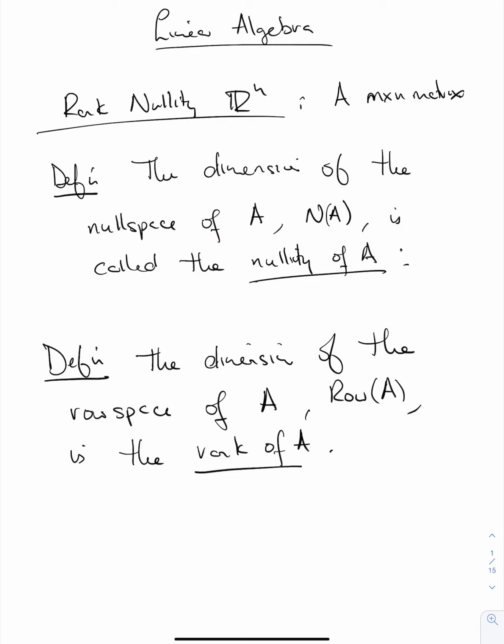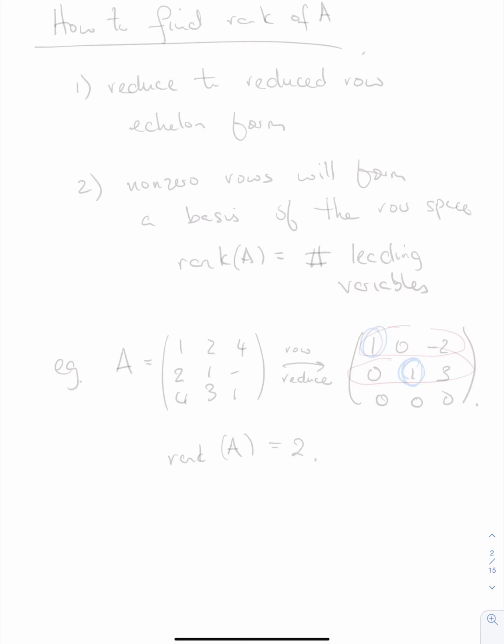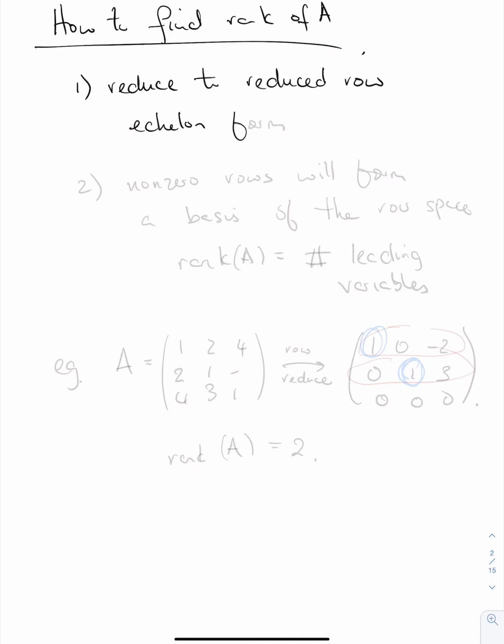Let's talk about how we actually find these things. How to find the rank of A. Step 1, reduce to reduced row echelon form. Step 2, count the non-zero rows.